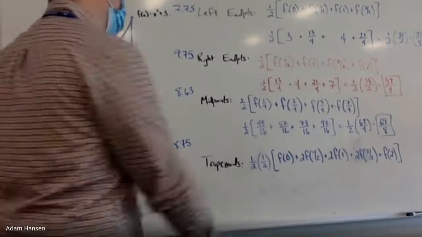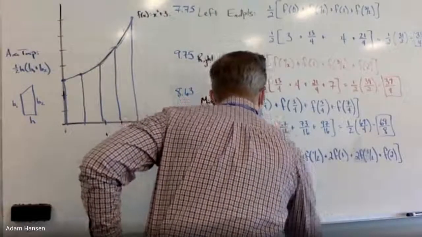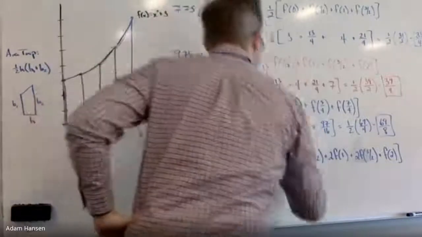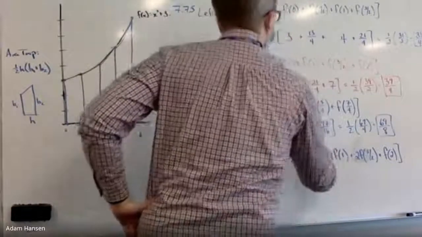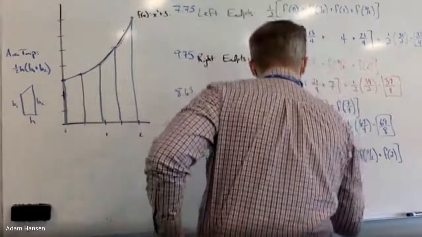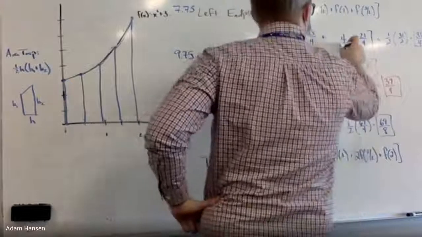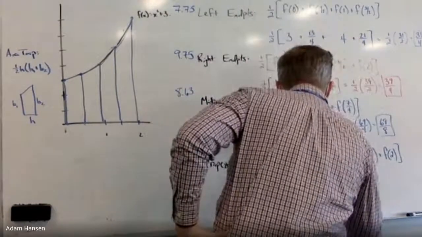Multiplying some of these together. Half of a half is a fourth. F of 0 is 3. 2 times f of 1/2, that's 2 times 13/4, which is 13 halves. Plus 2 times 4, which is 8.